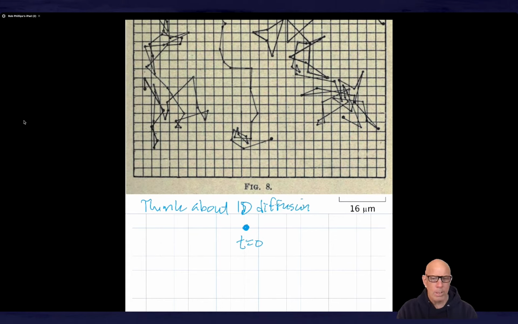This walker flips a coin, and if he or she gets a heads, then moves to the right. If tails, moves to the left. Let's say that in the first time step, so this is t equals delta t, the walker's at position h. At the next instant, the walker flips another coin and either goes right or left based on whether they get a heads or a tails. And basically we accumulate a particular trajectory as a realization of a series of coin flips, with the heads and tails illustrating whether the walker went left or right.